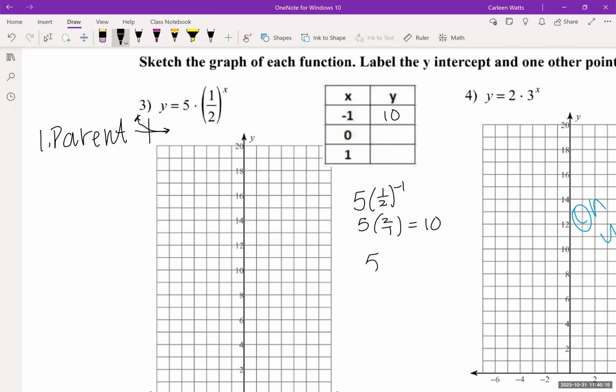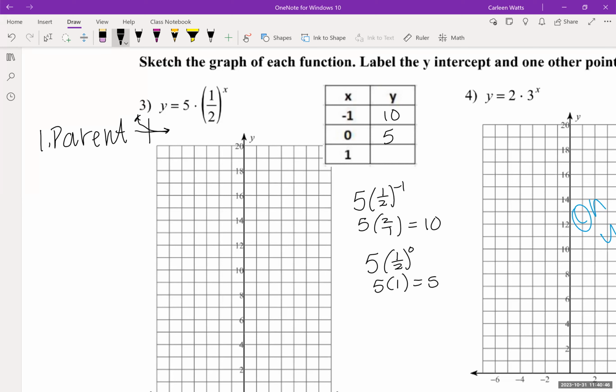Okay, plug in 0. 5 times 1/2 to the 0. What's anything to the 0th power? Careful. Anything to the 0th power is 1. Now notice the 1/2 becomes 1. It does not affect the 5. So it's 5 times 1, which is 5.